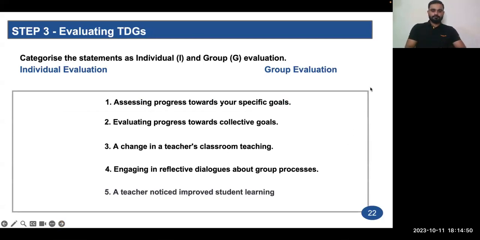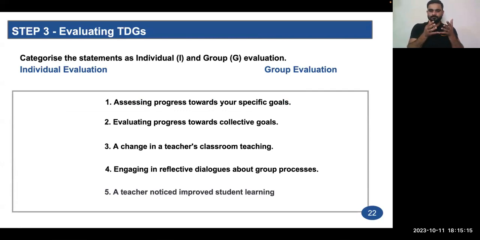For this, again, we are going to conduct a small activity. On your screen, you can see some of the statements related to evaluating teacher development groups. Your task is to categorize these statements into individual evaluation as well as group evaluation. For example, the first one, assessing progress towards your specific goals.